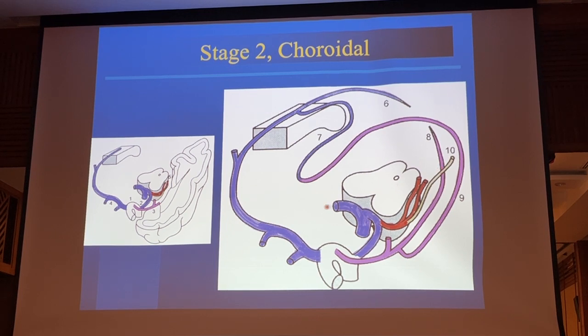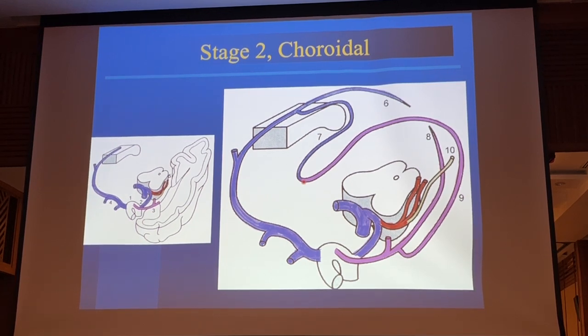The anterior cerebral artery gives off a choroidal branch, which at this stage anastomoses with the anterior choroidal artery at the region of the foramen of Monro. This is the origin of the internal cerebral vein, the vein of the prosencephalon. And this is the anastomosis. This is stage 2, called the choroidal stage.